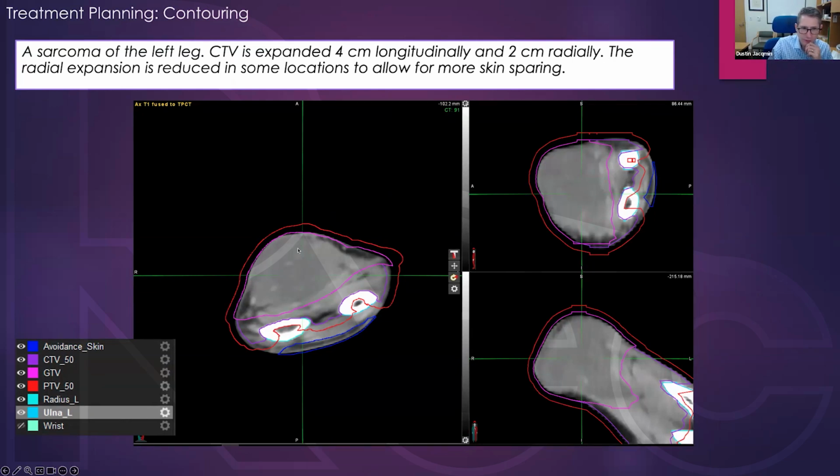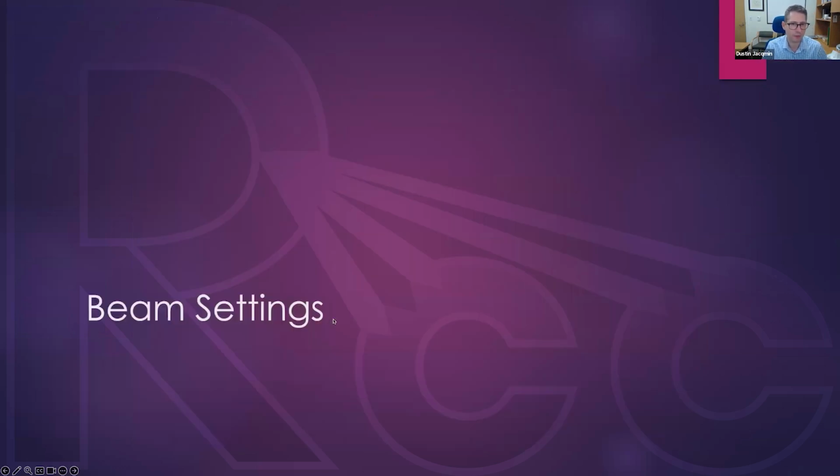Our radial expansion is 2 centimeters, although the physician actually did dial it back a little bit to help preserve this skin strip here. So near the skin strip, we have less expansion. It goes to the middle of the forearm bones rather than a full 2 centimeters. So sometimes these target volumes are modified to help balance the various goals of treatment.